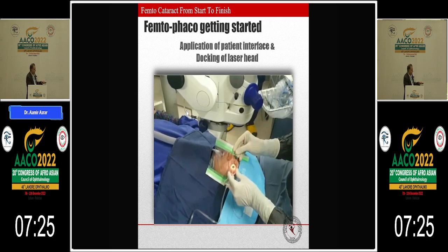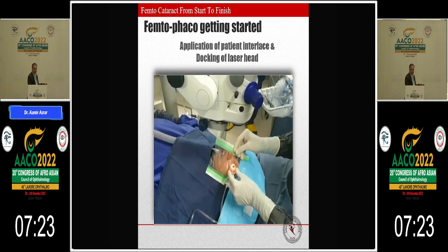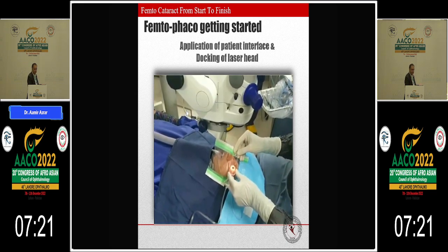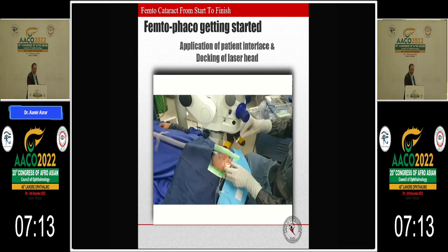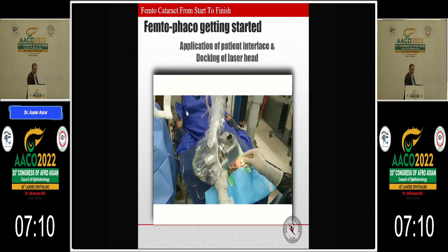Now, we've already seen these videos in a previous presentation, in which we see the docking of an interface, then filling it up with fluid and attaching the laser head to the interface.